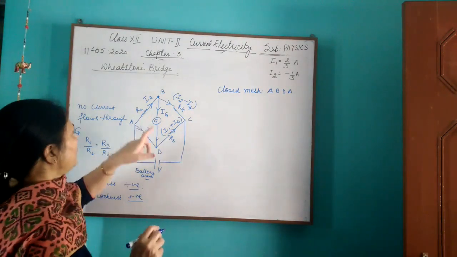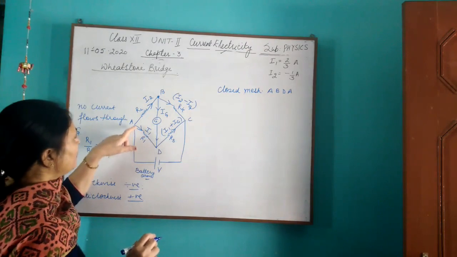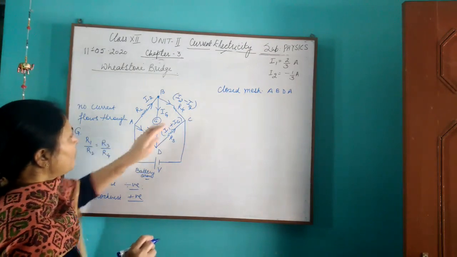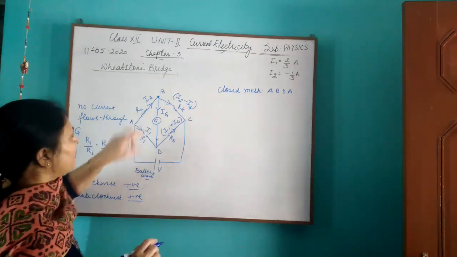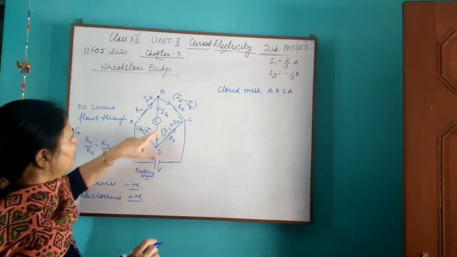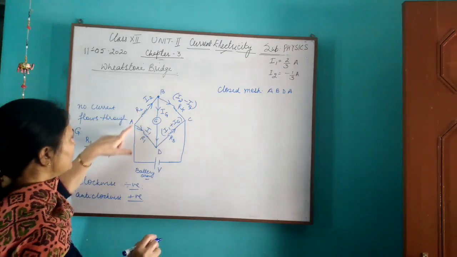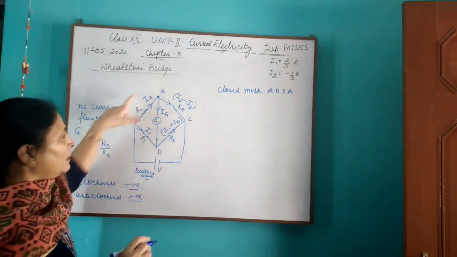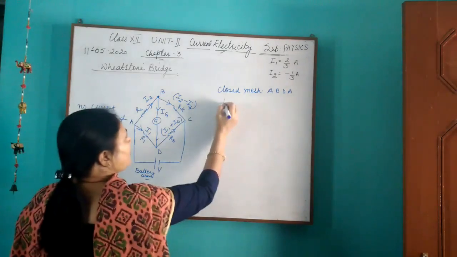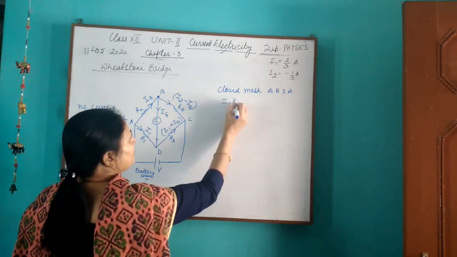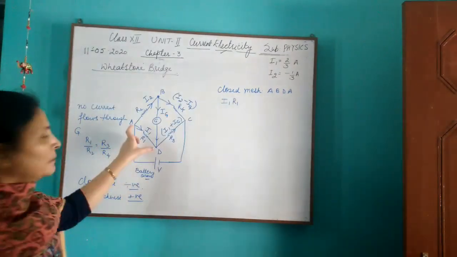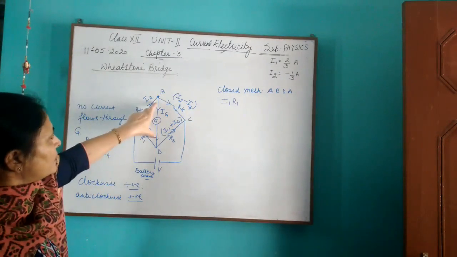Now in ABDA, we'll start from, say, I1. See how it is going. Forget about the other circuits, only this part. It will go like this. This is anti-clockwise, so I1 R1. Come to this branch.